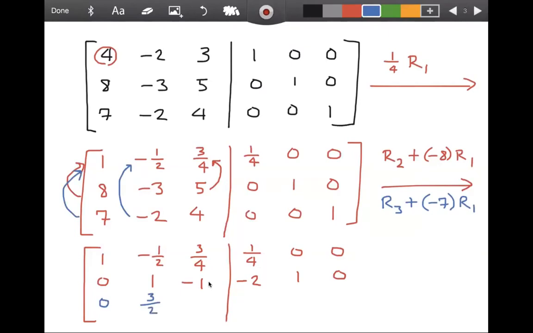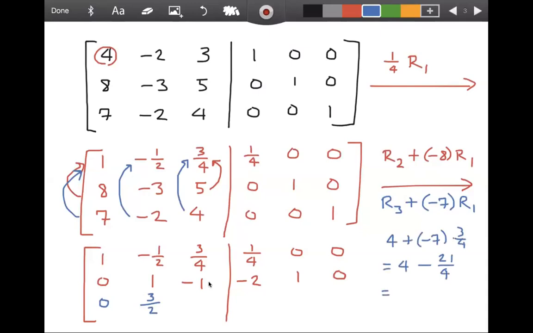All right, that brings us here. 4 plus negative 7 times 3/4. You know what? I'm going to write that one down. 4 plus negative 7 times 3/4 is 4 minus 21/4.